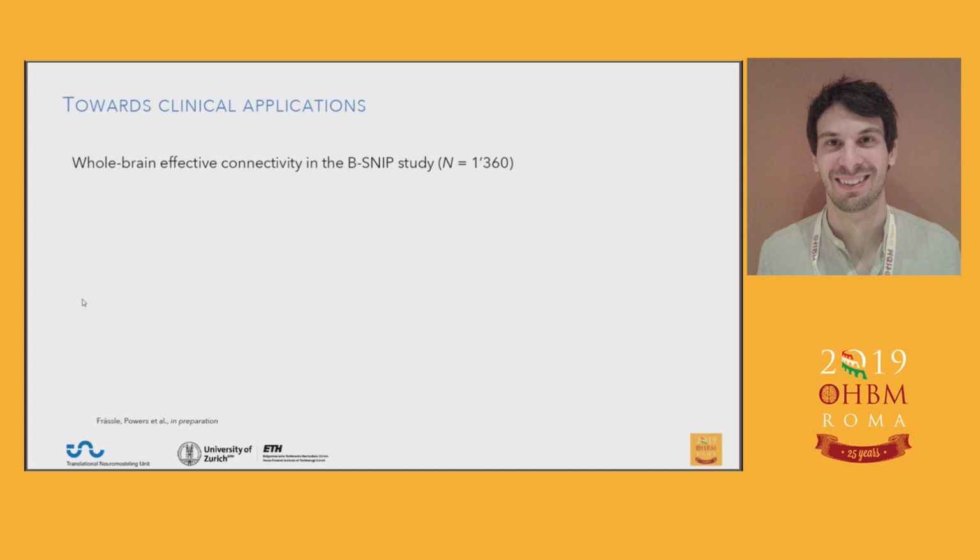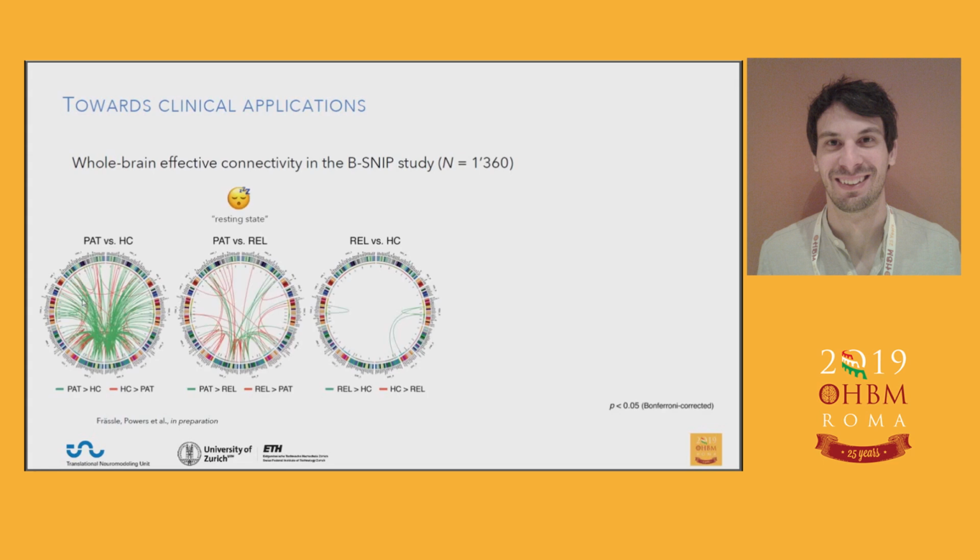And those subjects all performed a resting state experiment, and then we used the data to fit our whole brain models. And then started to look into group differences between both the patients and the healthy controls, as well as the subgroups.